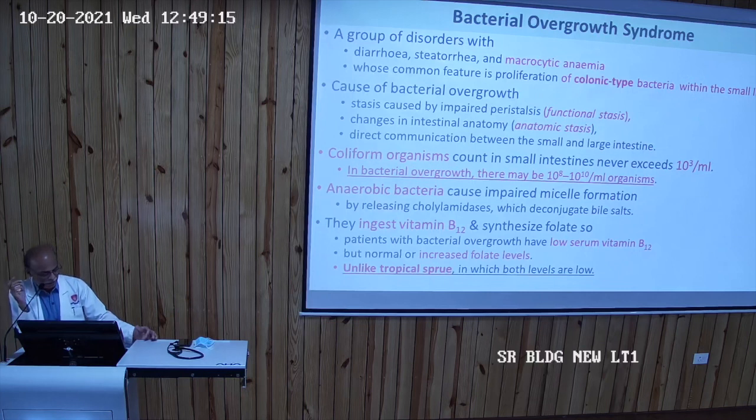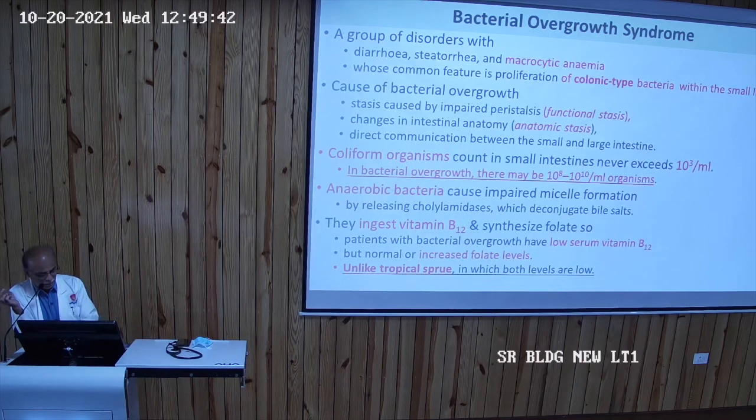And because of the bacterial overgrowth, they ingest B12, but they manufacture folate. So low B12 and high folate level, in a person who is not being given any folic acid, will confirm our diagnosis of bacterial overgrowth syndrome.